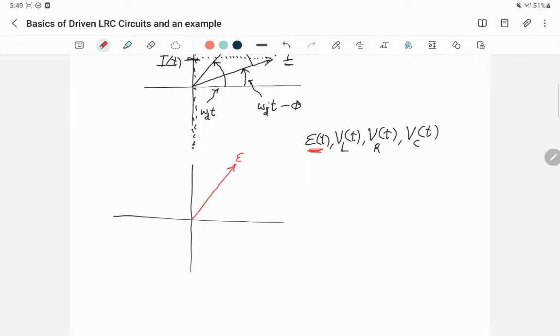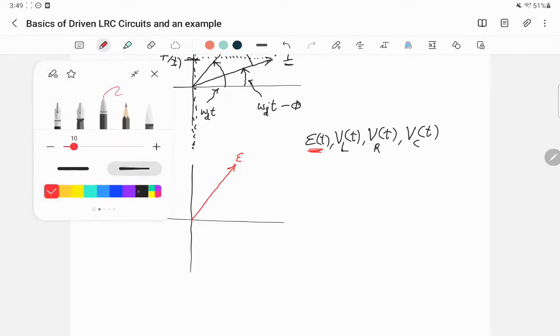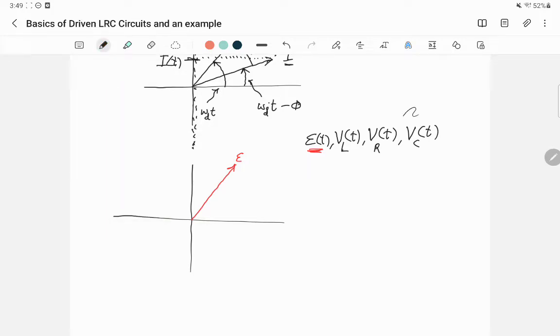And we know that the current, let me do the current in black. So the resistor voltage is just whatever the current is times the resistance, right? That's a basic fact. And this carries over into the time dependence.